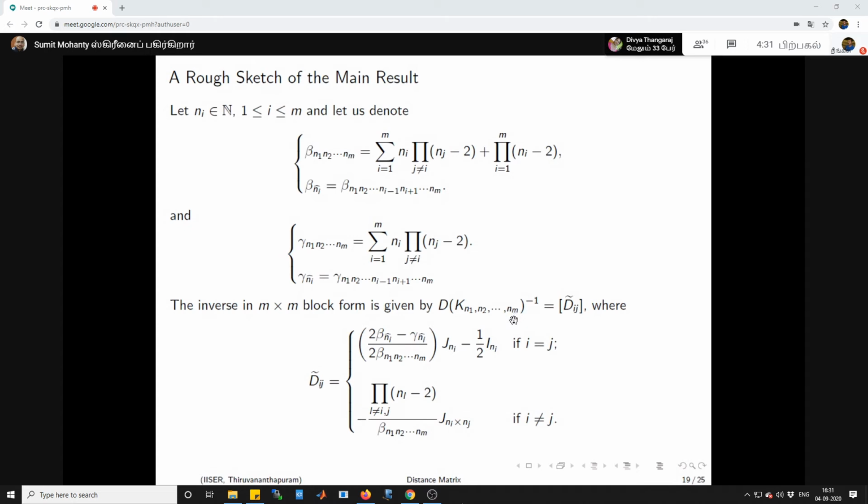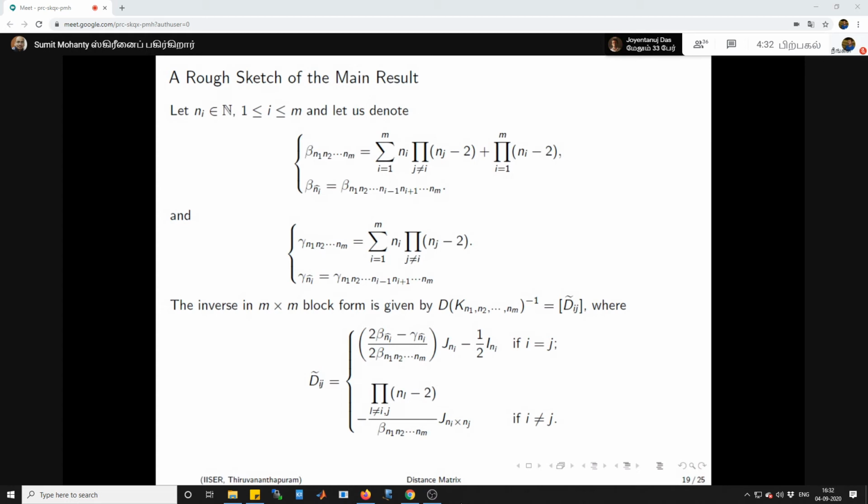But the calculation is not straightforward. Even to establish the induction hypothesis, you need many recurrence equations involving this. It is a somewhat lengthy calculation, and many recurrence type equations turn up in the computation. But you can get an exact inverse form like this.